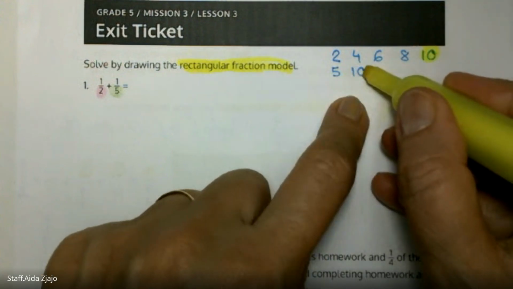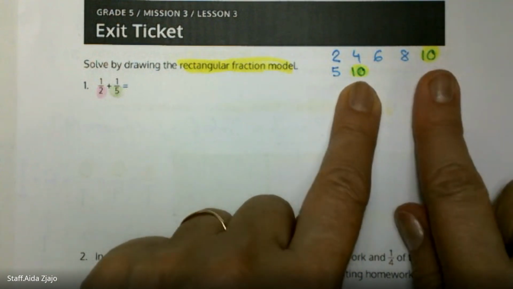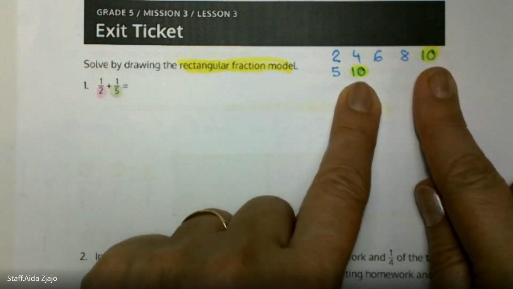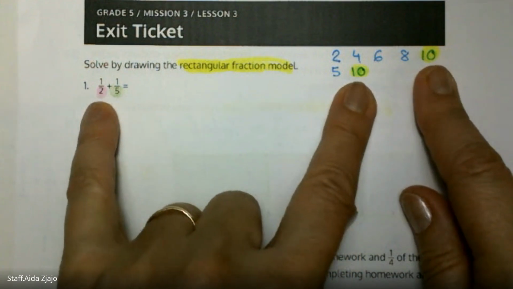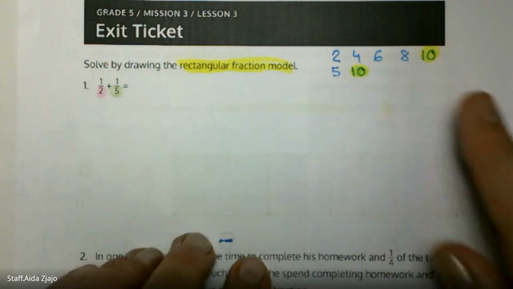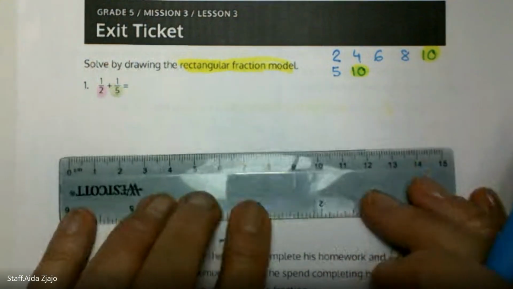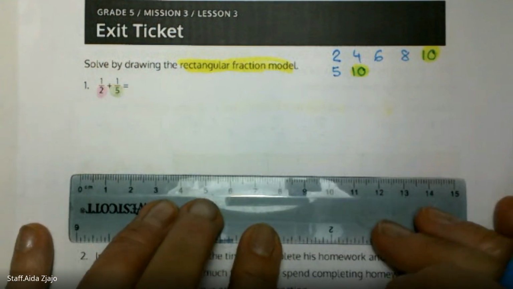Also 5 times 2 is 10. So the size of fraction that I can change the half and fifths into are tenths.